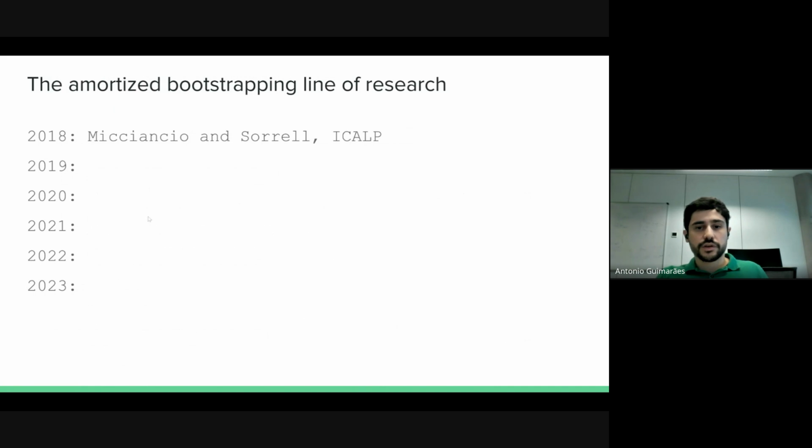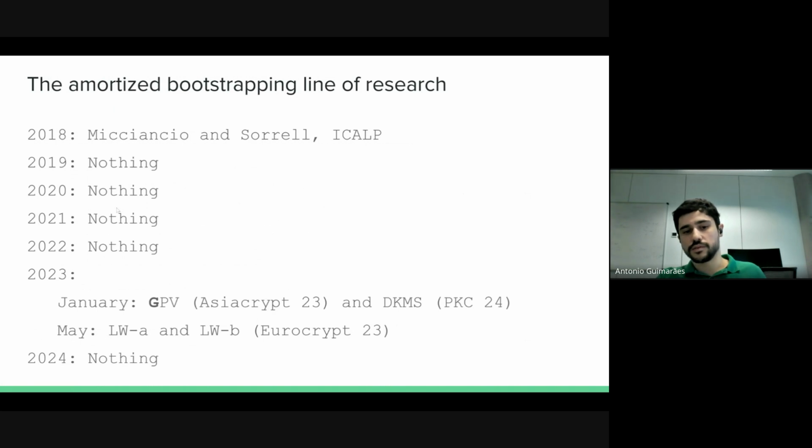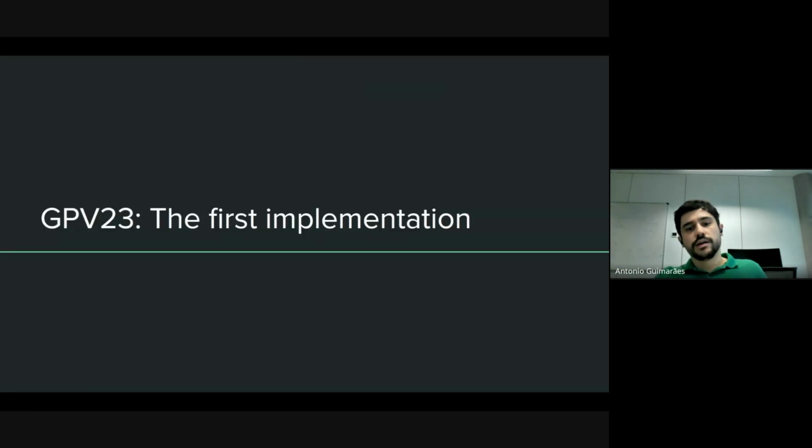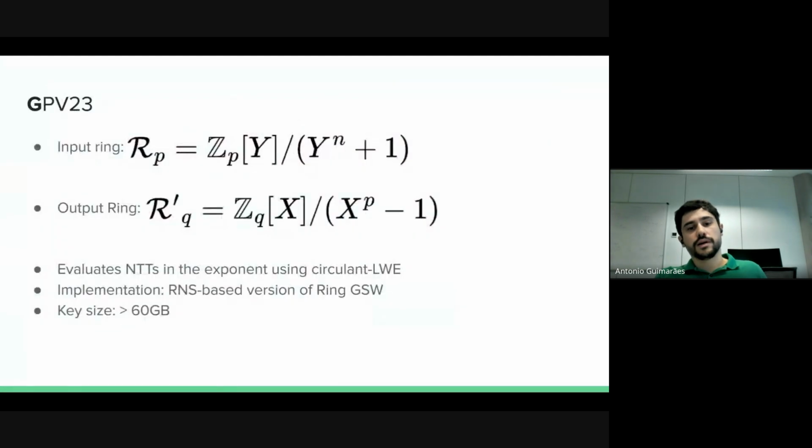So Micciancio and Sorrell was presented in 2018, and for about 5 years we have basically nothing, until the first implementations of this, which came from GPV 23. Now, the difference from GPV 23 to what MS18 did is in 2 things.